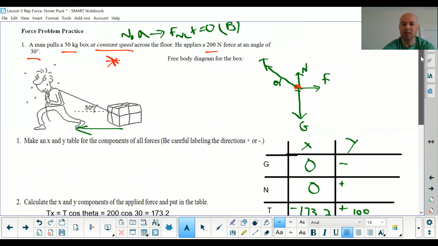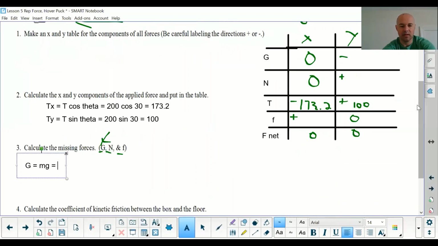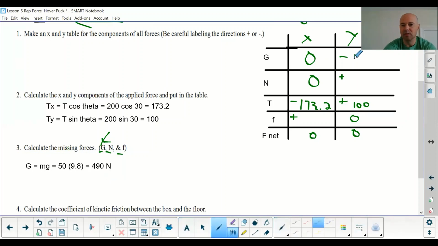If we go back up here, it said it pulls a 50 kilogram box, so that's m, because kilograms measures mass. 50 times 9.8. Put that in your calculator, you'll get 490. Again, your calculator is going to tell you that it is positive. We are deciding up here that it's negative because gravity is pointing down. So 490.